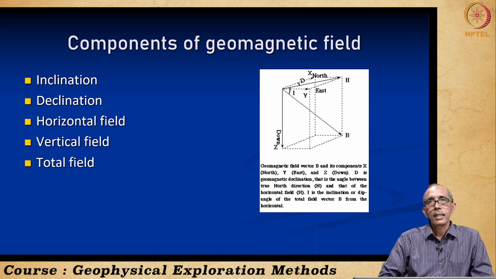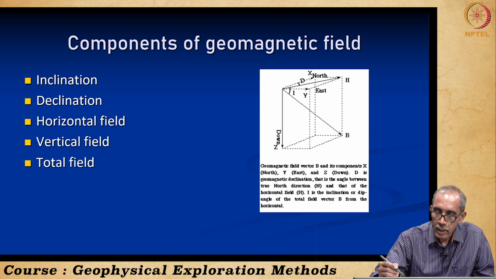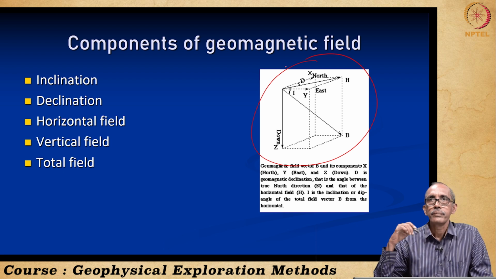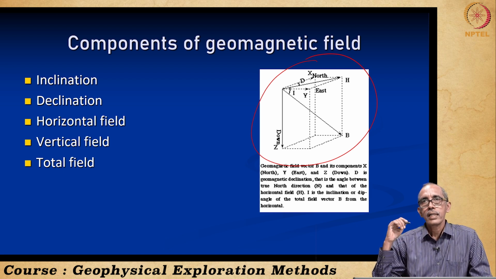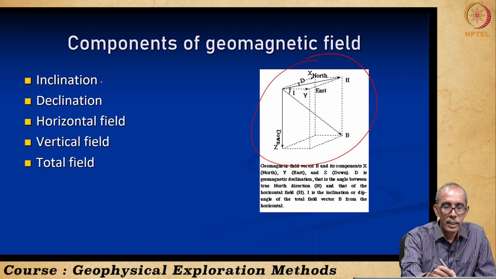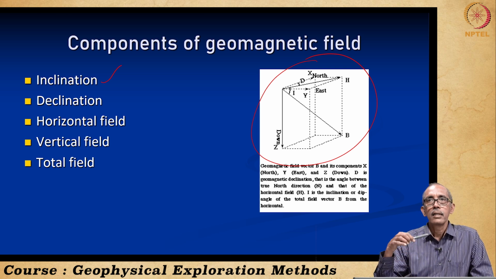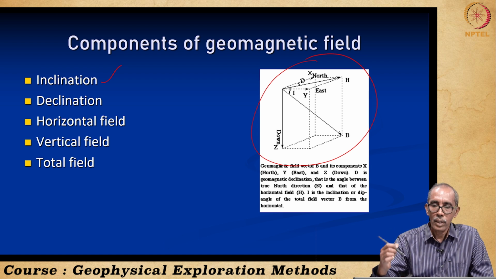Now, let us have a look into the different components of the magnetic field. I will try to explain that with this small diagram. First is the magnetic inclination. What is magnetic inclination? We were discussing a needle tied to a thread, that means the center of your needle is tied to a thread.